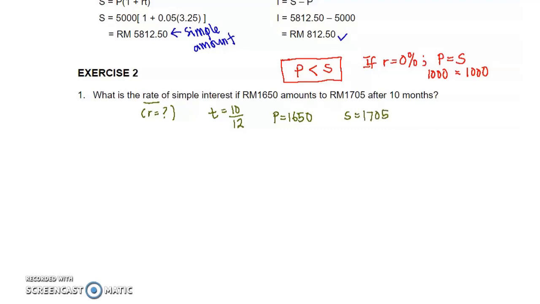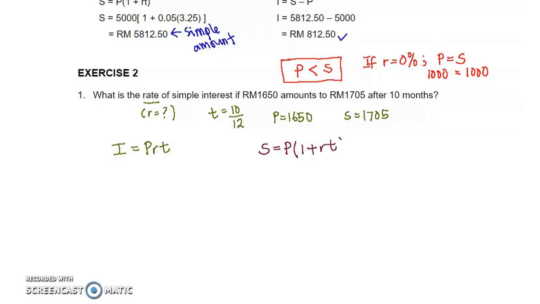Okay, now we want to find value R. So which formula do we want to use? Look at which formula has R in it. So far we have the first formula that we learned, I equals PRT. So there is R in this formula. And the second formula is S equals P(1 plus RT).